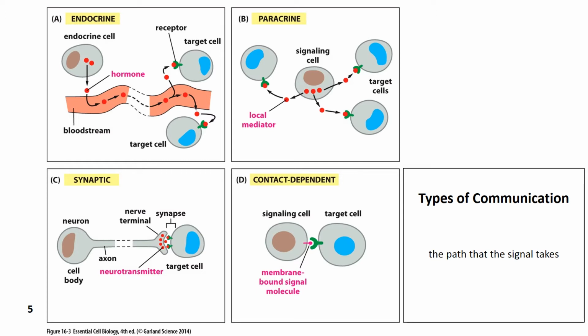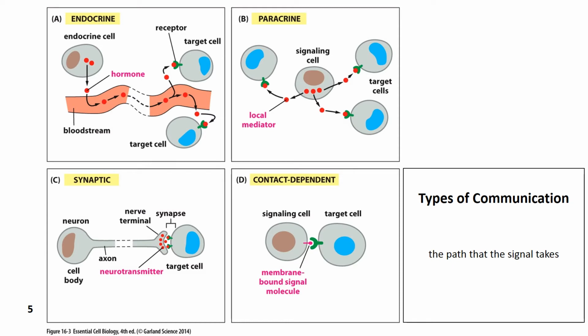There are examples where traveling through the bloodstream is a very short distance, for example, from the hypothalamus to the pituitary gland. But it is still endocrine signaling because the signaling molecule, in this case, the endocrine hormone, is released into the bloodstream and carried to a target cell through that bloodstream.